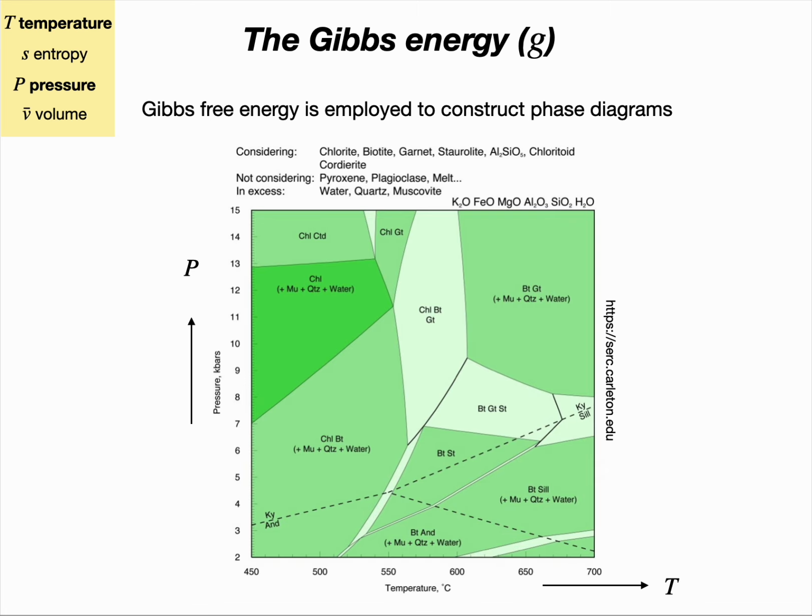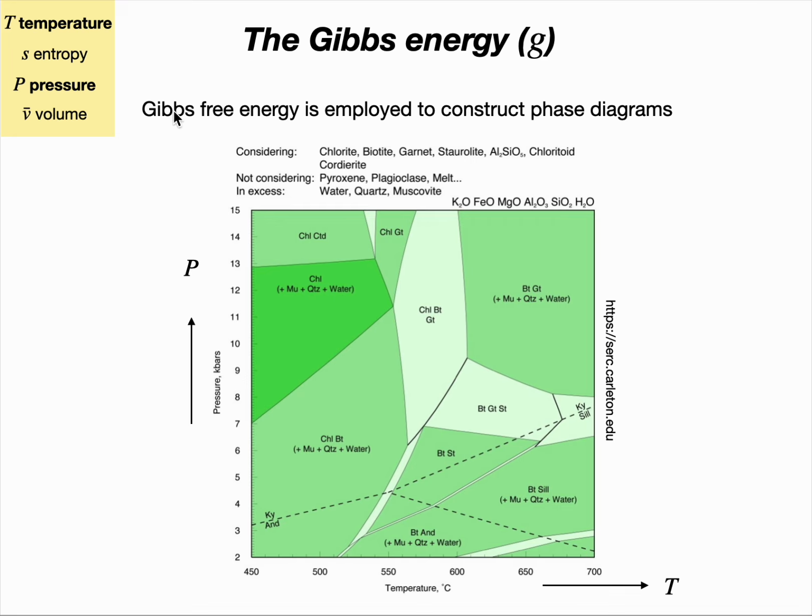The Gibbs energy is being employed a lot in earth sciences and, for example, in thermodynamic modeling, where one of the big applications is to construct phase diagrams. So you see here an example of a phase diagram. There's a composition which is given. I think here is the composition of a sediment, so sedimentary rock, and now it's the equilibrium.